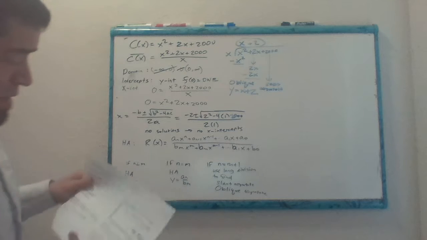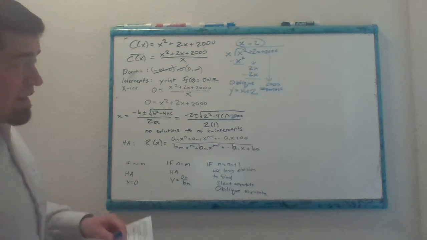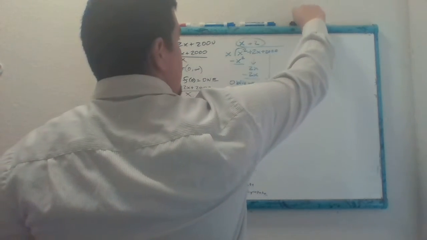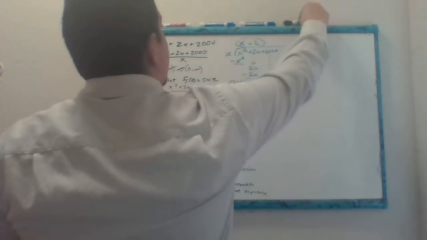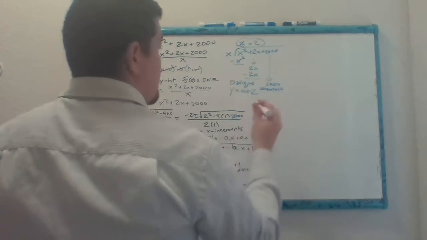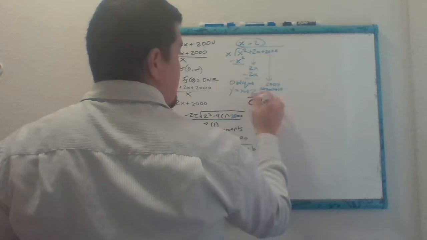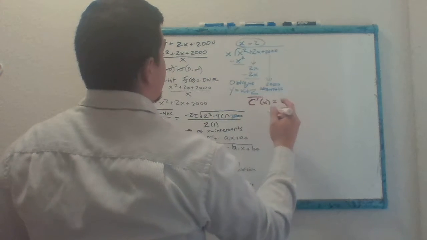Okay, so we have all that. That was step 1. Step 2 is analyze the derivative. So the derivative of the average cost function is going to be x squared over x.